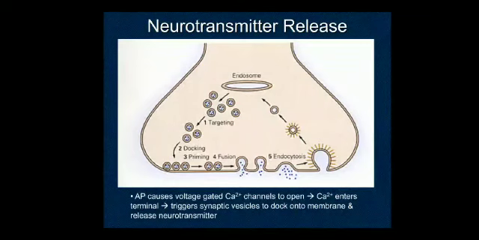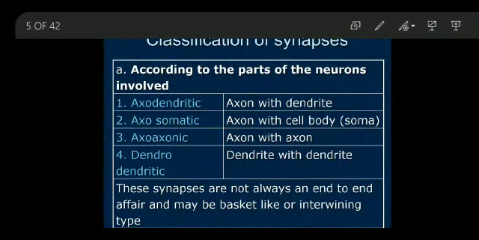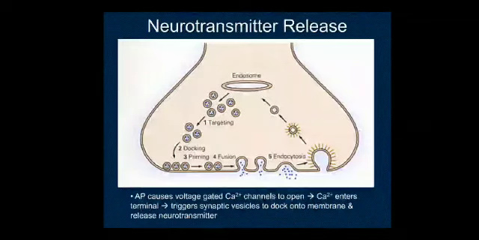Once there is release of the neurotransmitter, we know that it binds to the receptor proteins which are present on the postsynaptic membrane. I explained that the receptor protein has two components. One is the binding component and the other one is the ionophore component. The binding component is where the neurotransmitter comes and binds.